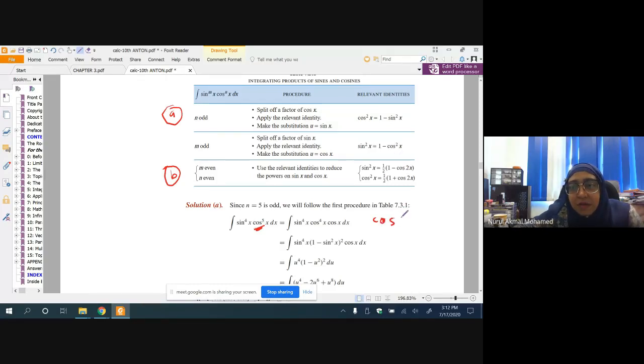So cos squared x to the power of 2 is equal to cos to the power of 4x. So cos squared x is this one, 1 minus sine squared x, so that's why you have to the power of 2. And then you have cos x here, dx, and then you use substitution.